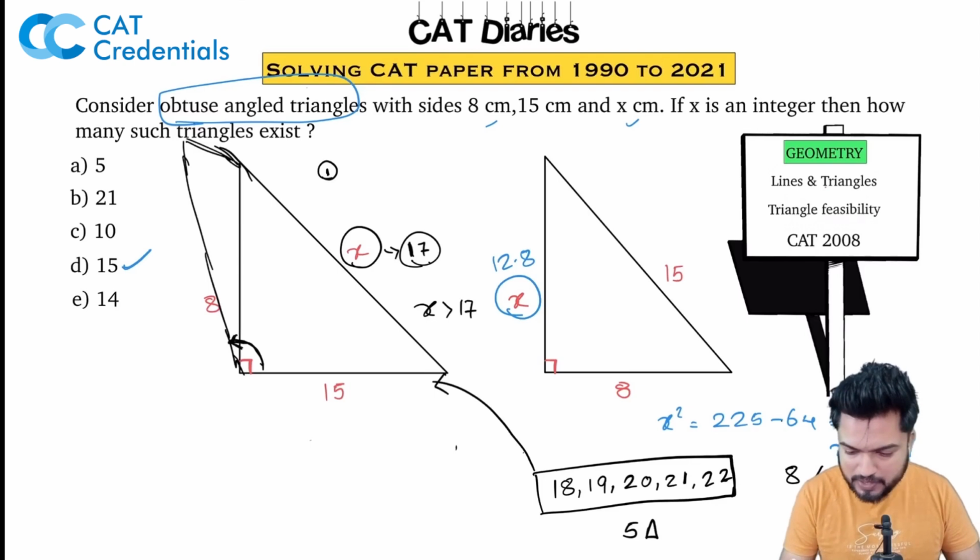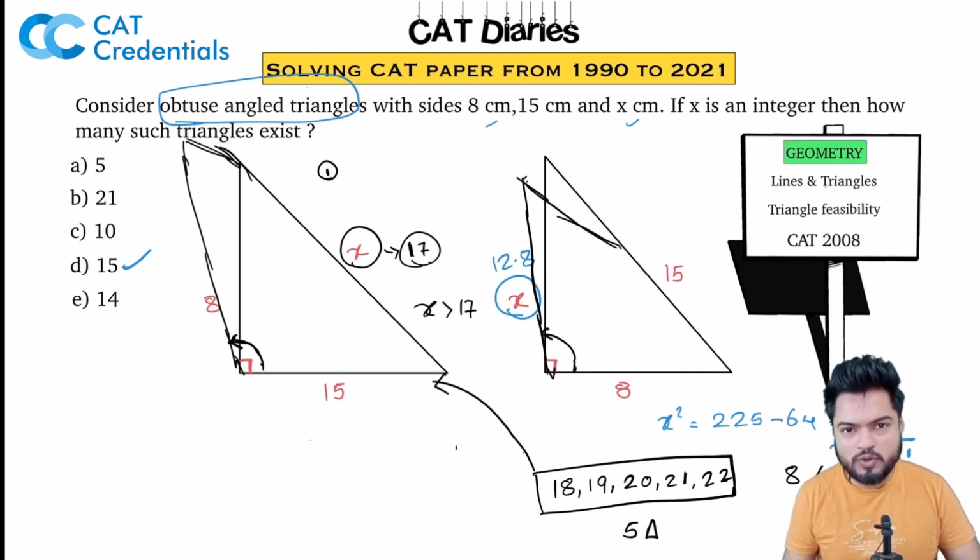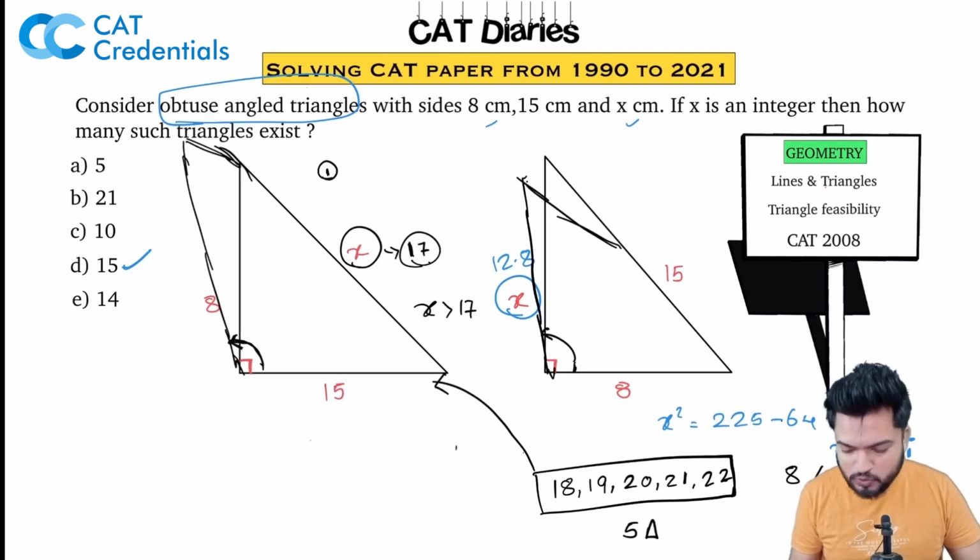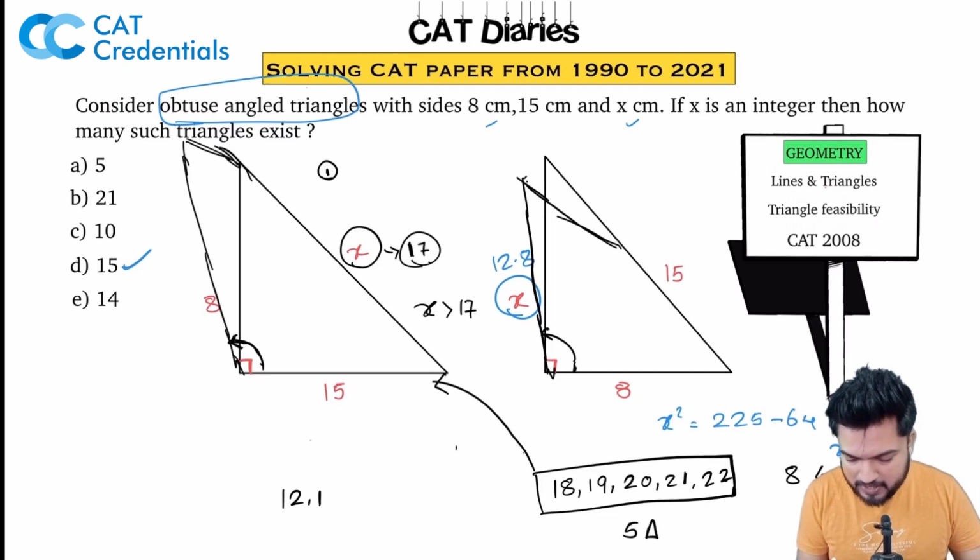If this becomes lesser than this, this will go like this, and further come like this. So this will become more than 90, an obtuse angle triangle. So I need the value of x lesser than 12.8 and an integer in the range of x. What are those values? 12, 11, 10, 9, 8.